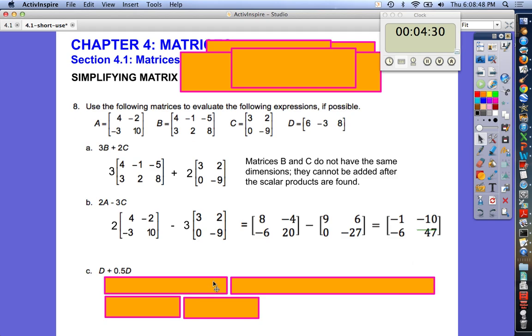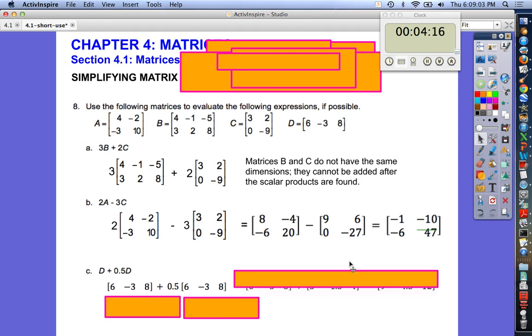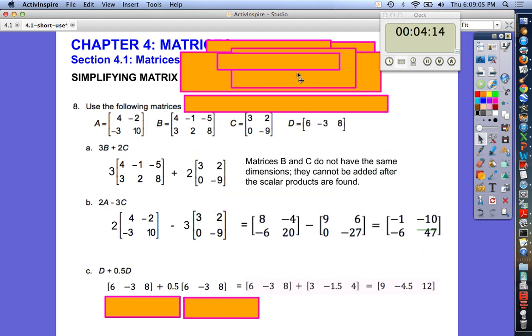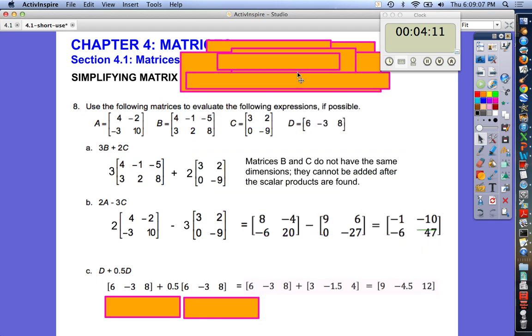In part C, we have D plus 0.5D, which certainly we can do because it's the same matrix, so it has the same dimensions. And you can take matrix D and then add 1/2 of matrix D. And once you have scaled the second matrix D, you then add them together and you get 9, -4.5, and 12.